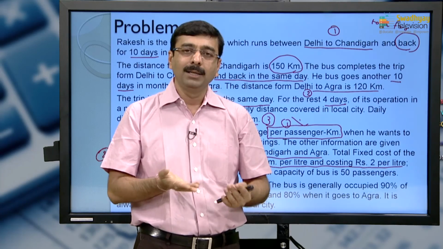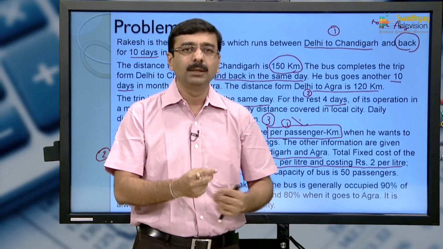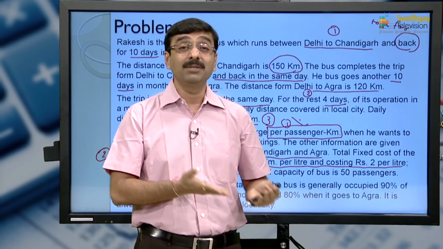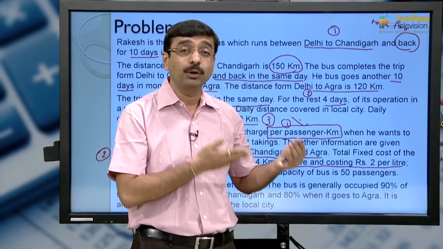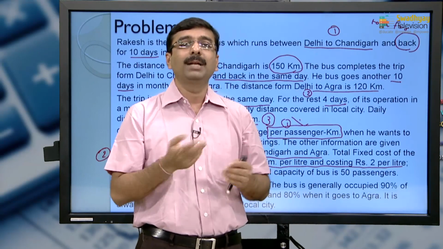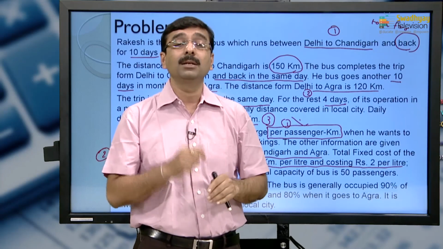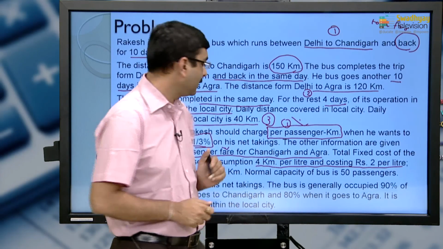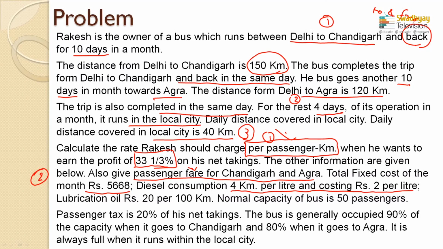When the bus runs 4 kilometers, the cost of diesel is rupees 2. That means we need to find out the total number of kilometers run by this particular bus in a month. On the basis of that, we would get an idea of how much total diesel cost is incurred. That is a variable cost.